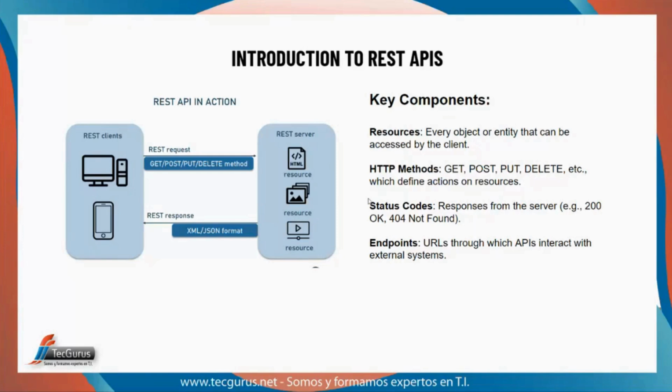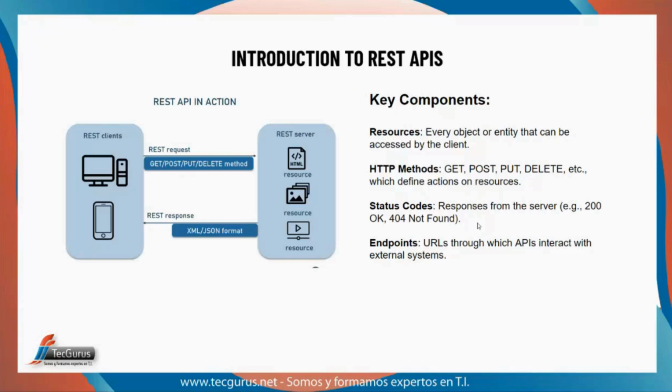Now coming to the status codes. Once we request that we want to get the pizza from a particular person, the chef, right? Now they will respond, right? They will respond with two things: the response body and the response status code.